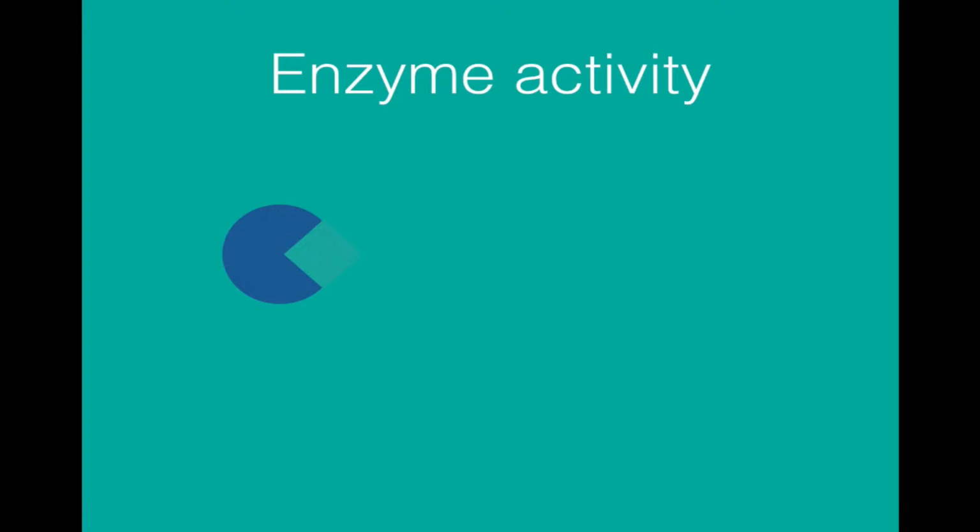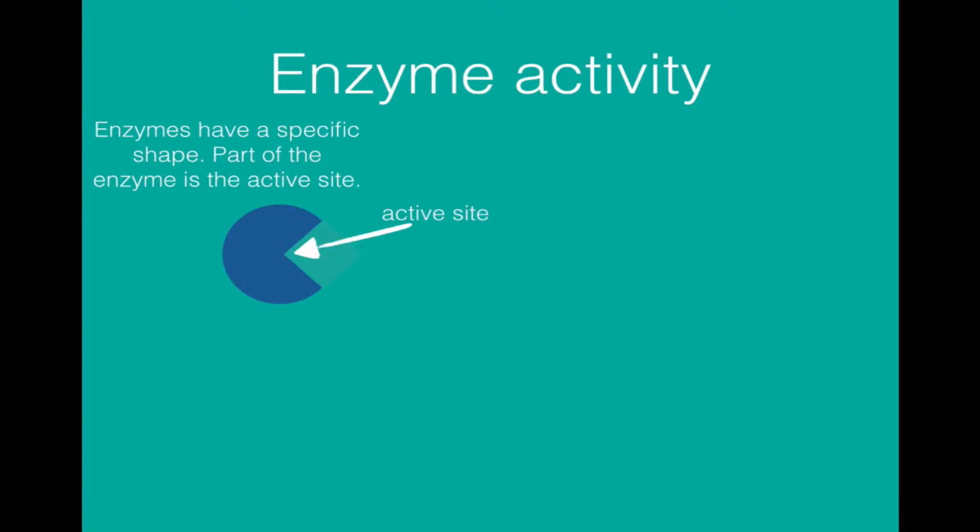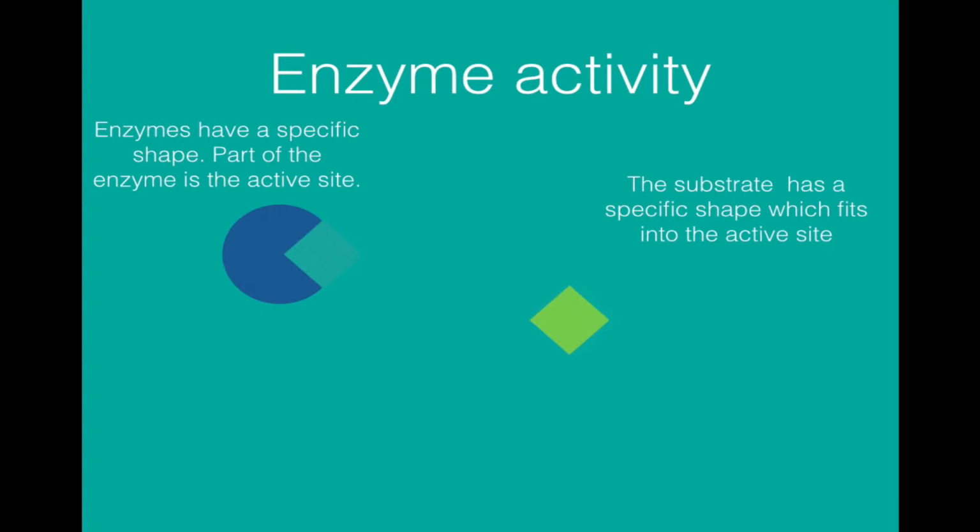So let's look at this in a bit more graphic detail. So this is our enzyme, this blue Pac-Man symbol, and they have a particular shape, and part of the shape is called the active site. And the active site in this case is the cutout triangle from this circle. And the active site is where the substrate is going to bind, because the substrate also has a specific shape.